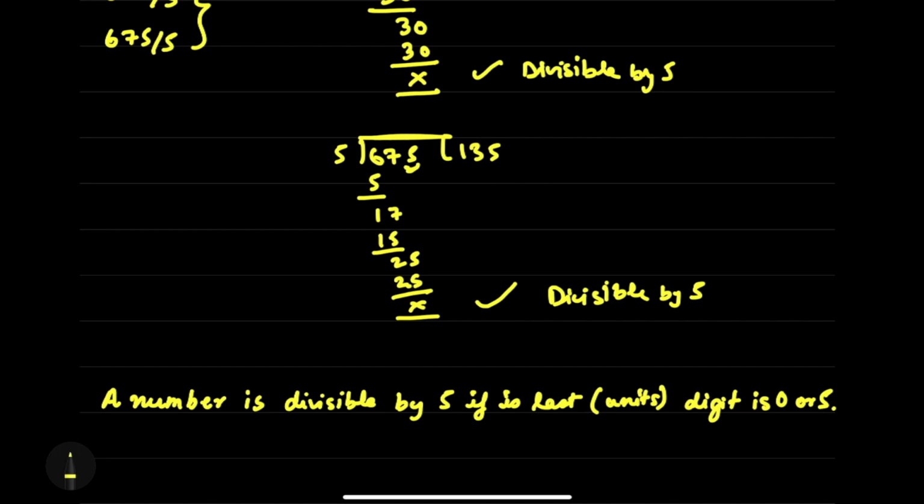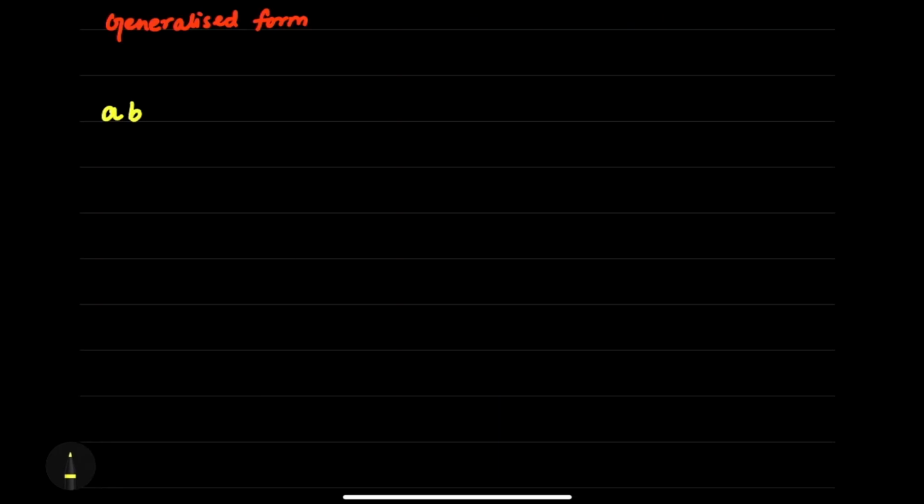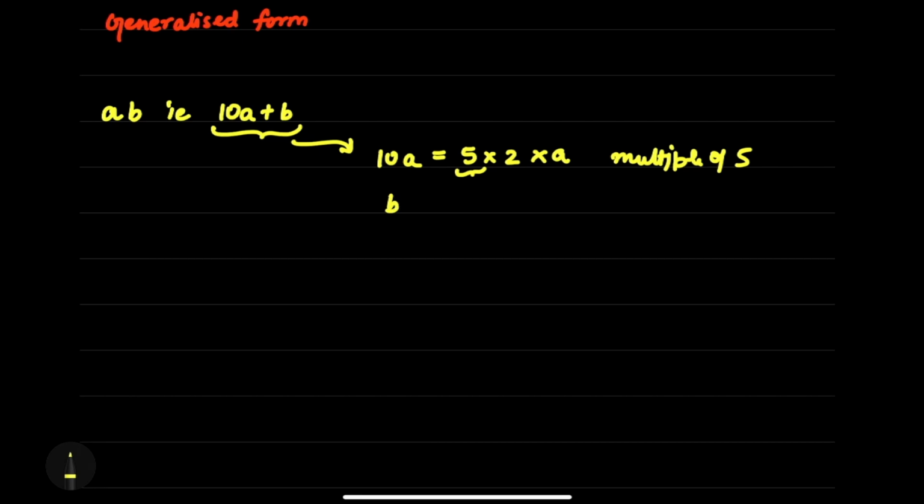Let's write this in a generalized form for 2-digit and 3-digit numbers. Let's take a 2-digit number AB. It can also be written as 10A plus B. Let's take this expression and see what happens. 10A can also be written as 5 into 2 into A, as 5 is a part of its factorization. Therefore we can say 10A is a multiple of 5. But what about B?